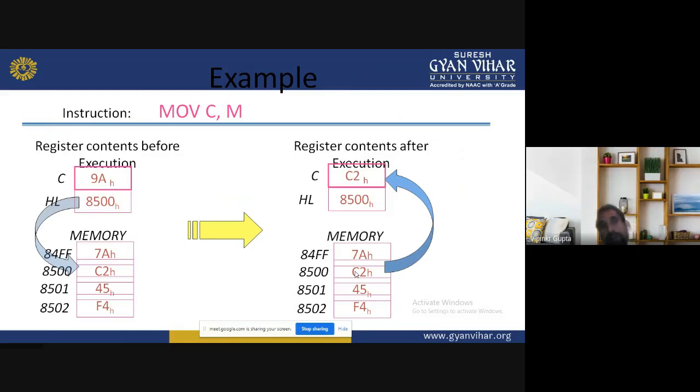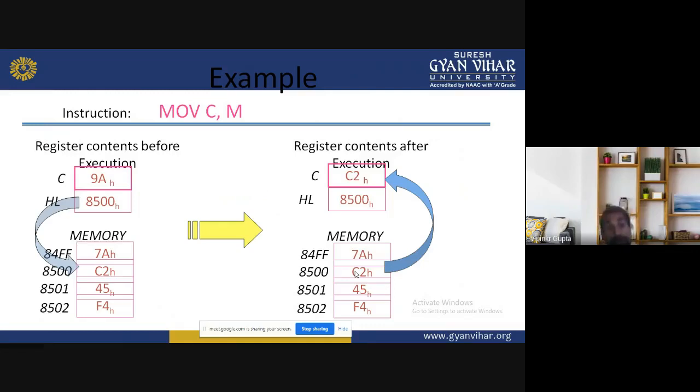What is the length of this instruction? We have only one instruction, so it is a 1 byte instruction. When we change this instruction into hexadecimal code, there are only 2 digits. It is a 1 byte instruction because data and address are not given; all the information is within the instruction.